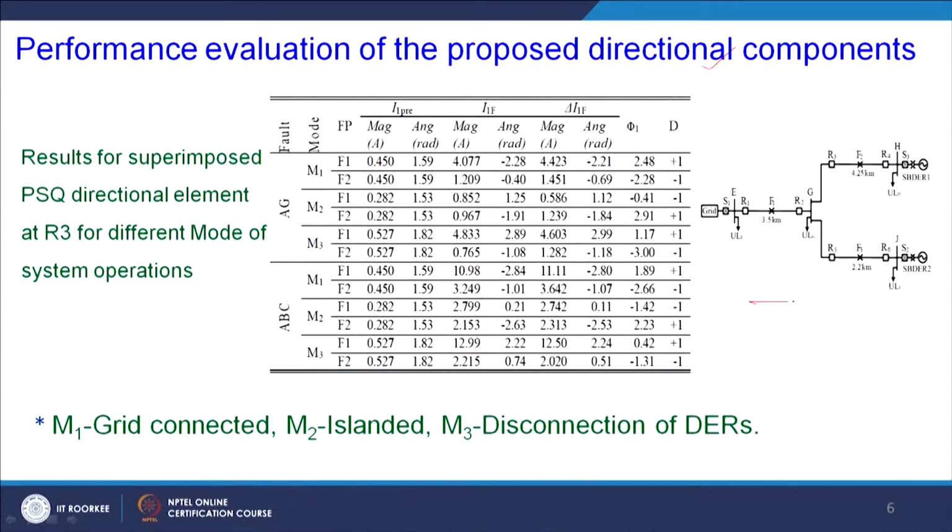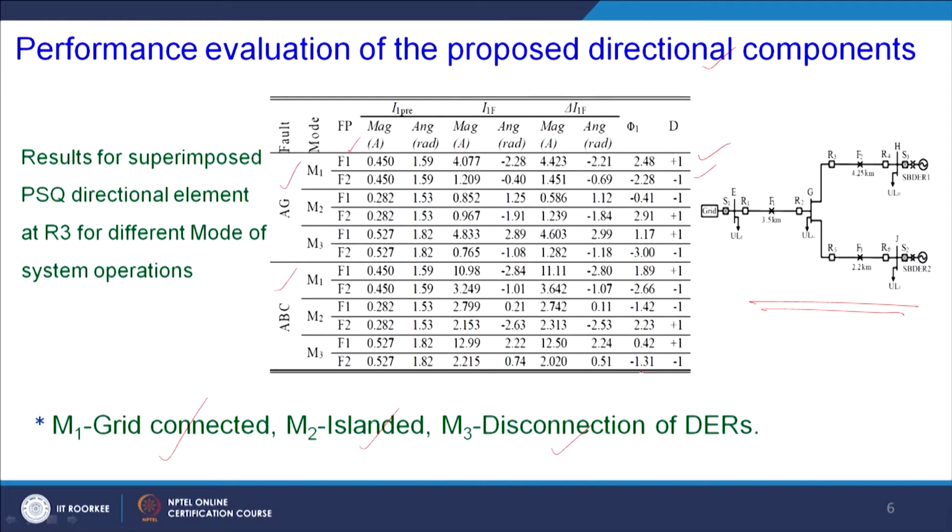Along with the overcurrent relay performance, we also assessed the performance of the directional components. Here is the system, and you can see different types of faults, such as AG fault and ABC fault, and the corresponding directional element is evaluated. M1, M2, M3 are different modes of operation. M1 stands for grid connected mode, M2 is islanded mode of operation, and M3 is disconnection of DERs.